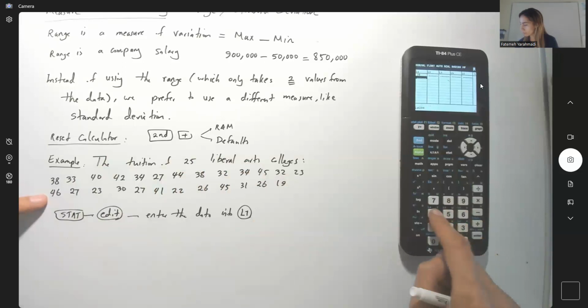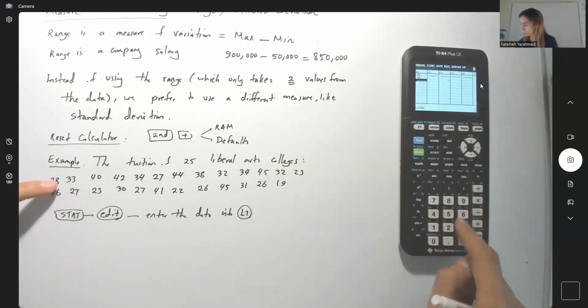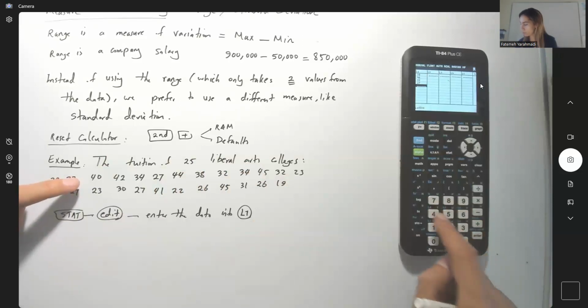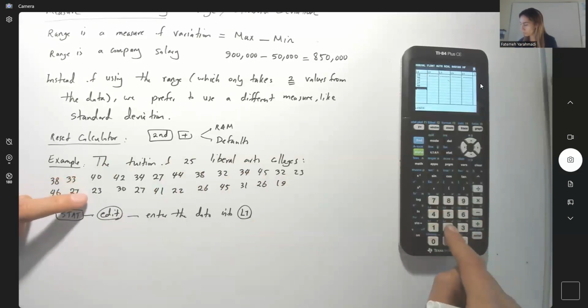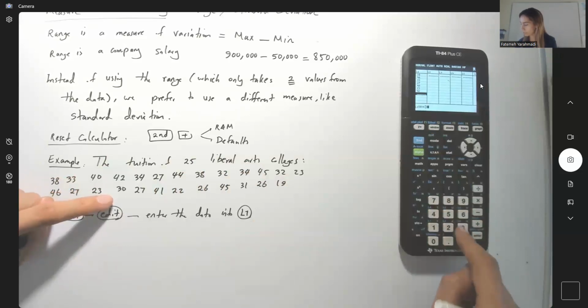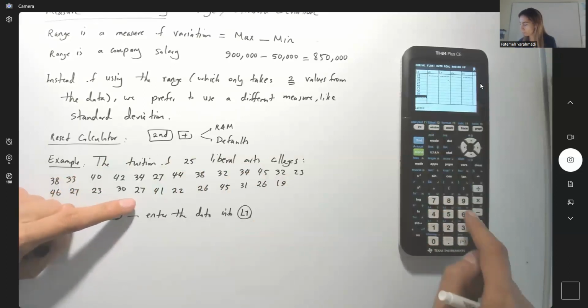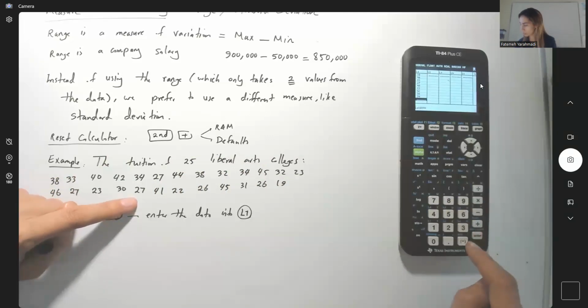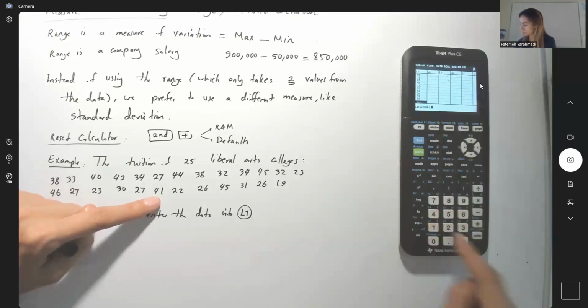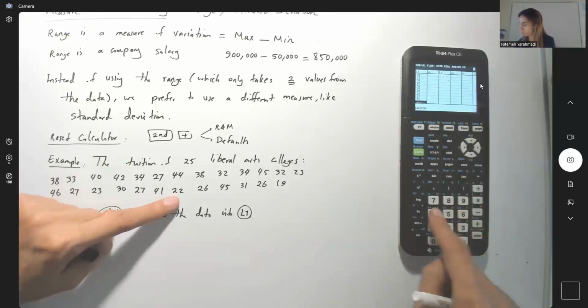I have 46. I have 33. I have 27. I have 40. I have 23. I have 42. I have 30. I have 34. I have 27. Then I have 27. What else? I have 41. I have 44.